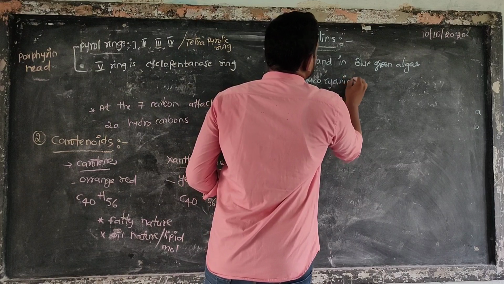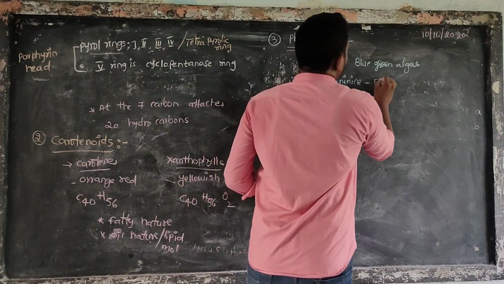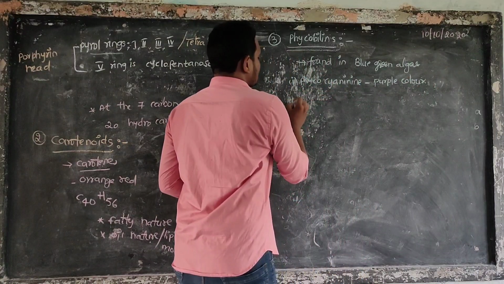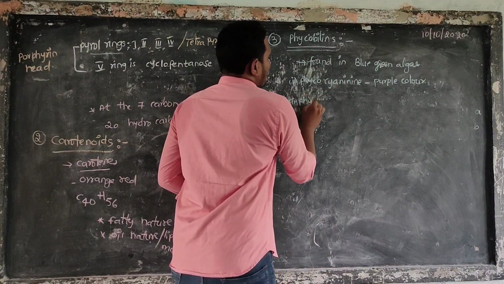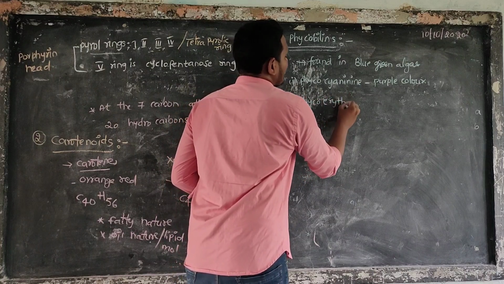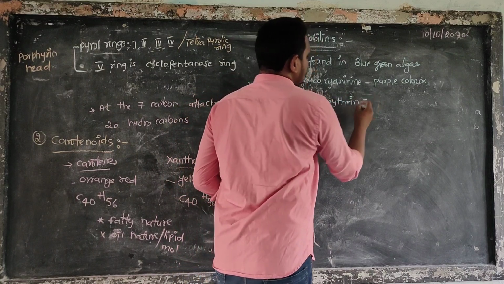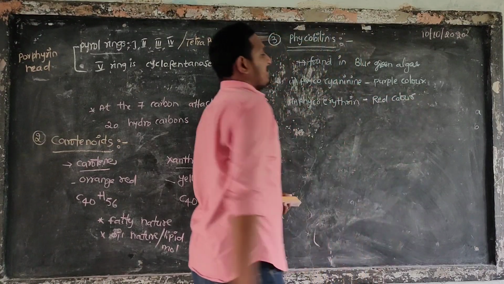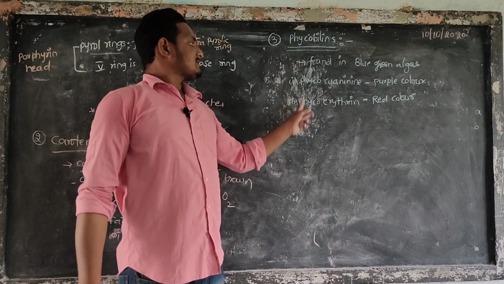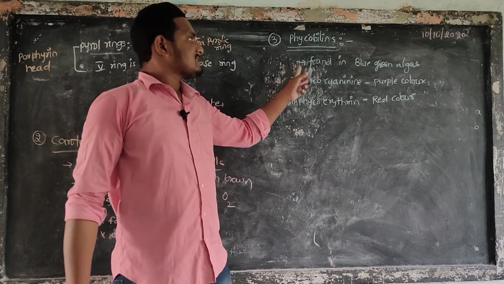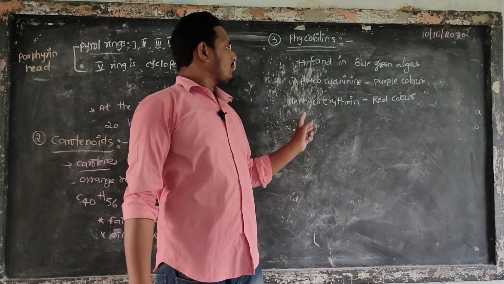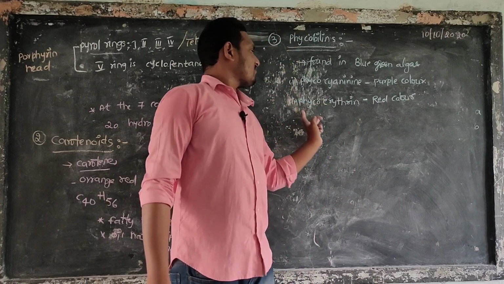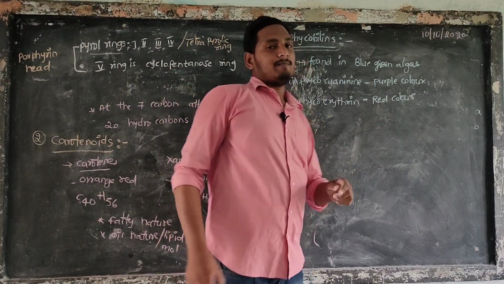Phycobilins are mainly found in blue green algae. These phycobilins are mainly of two categories. One is phycocyanin, which is a purple color pigment. The second one is phycoerythrin, which is a red color pigment. So phycobilins are two types: phycocyanin, purple color pigment, and phycoerythrin, red color pigment.